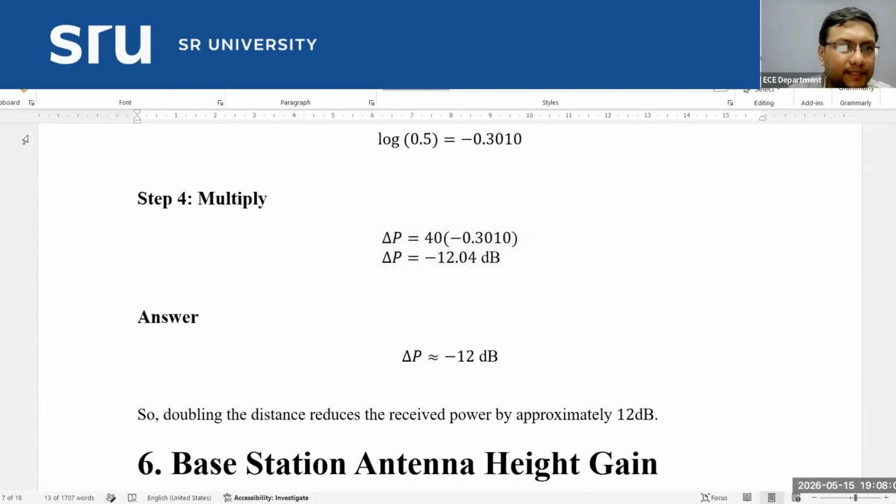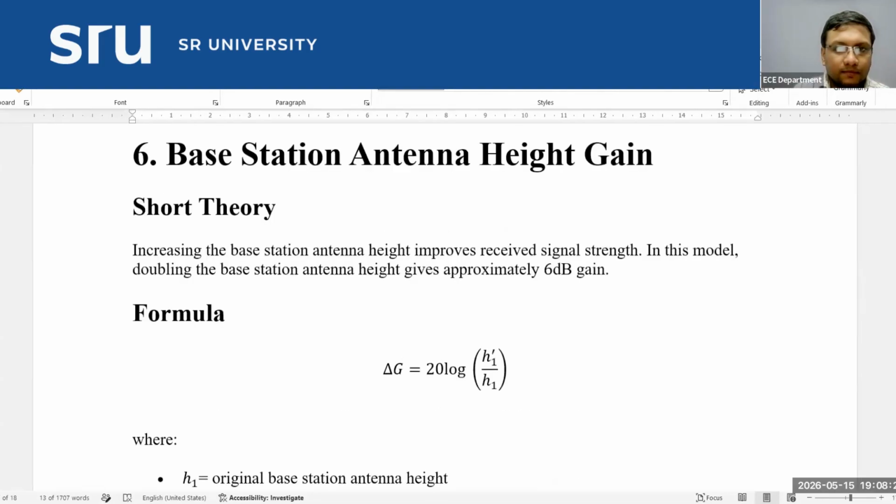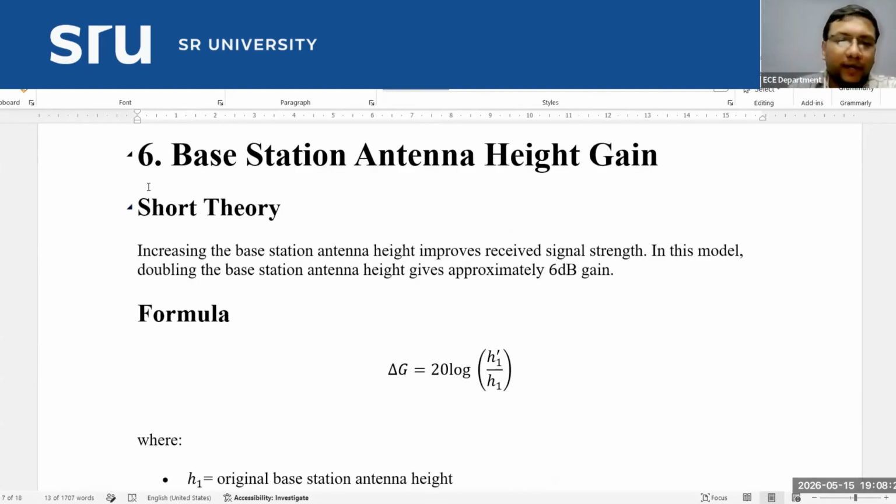Now the next topic is the base station antenna height gain. So what is base station antenna height gain?